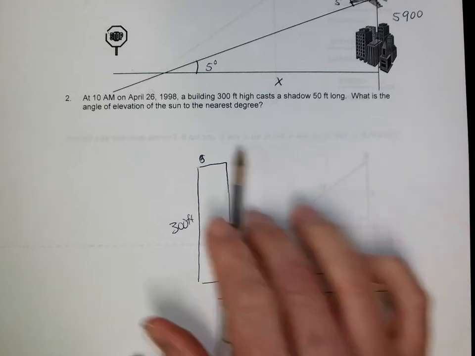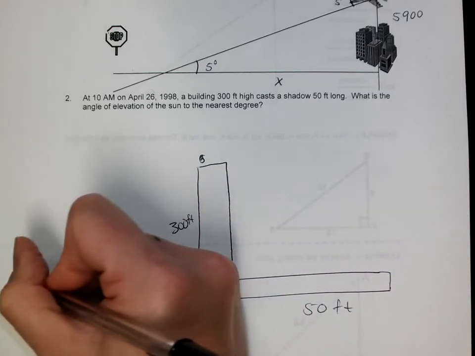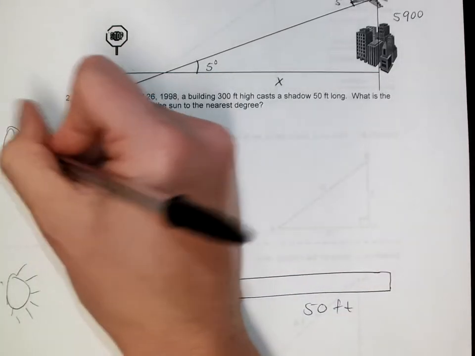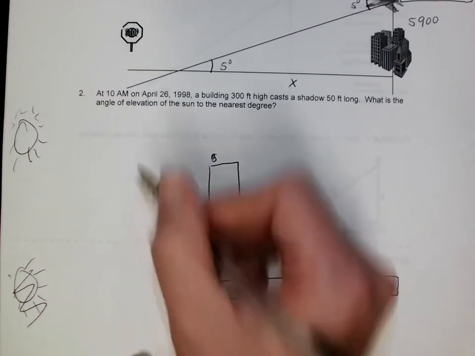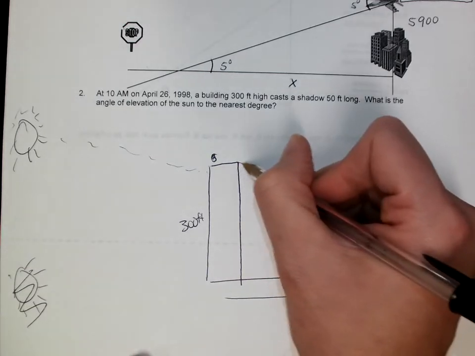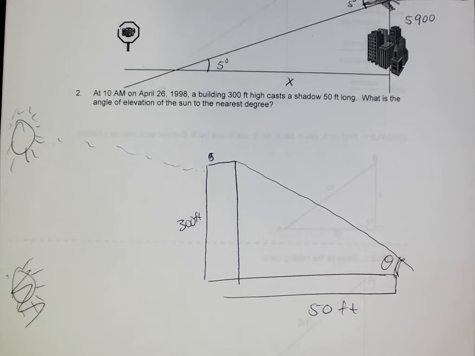Find the angle of elevation of the sun. If you drew a picture, your sun is up here, shining down here, and you want to know the angle of elevation. That is going to be your angle right here.